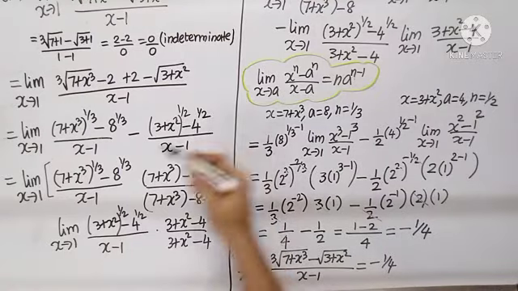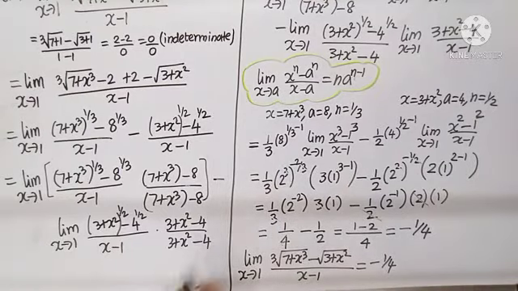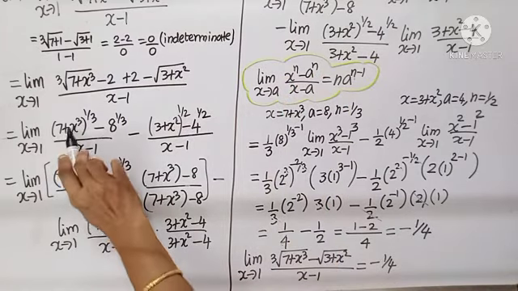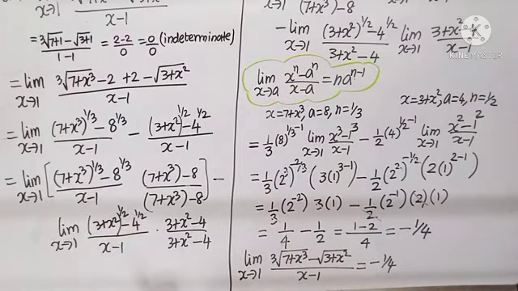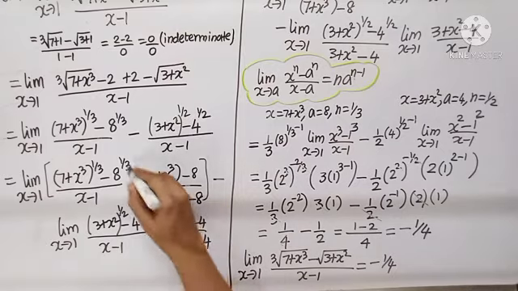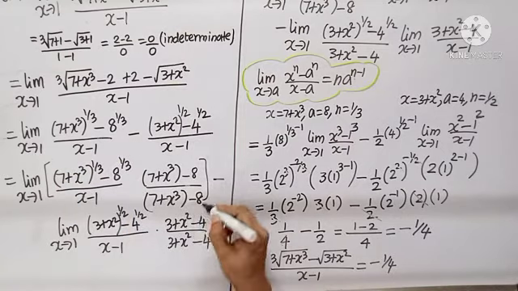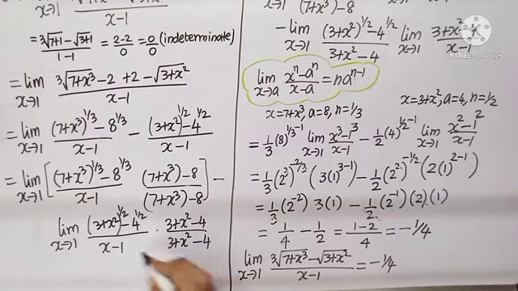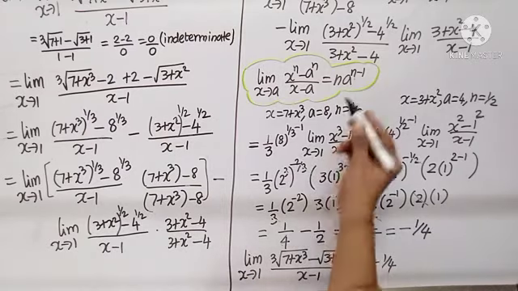Again, I cannot directly substitute because what is in the numerator should come in the denominator. So this bracket minus 8 should come. Here this bracket minus 4 should come. So what I need, let me multiply and divide. So these terms I want to use. So these two terms let me combine. Same way, these I want to use for the formula.